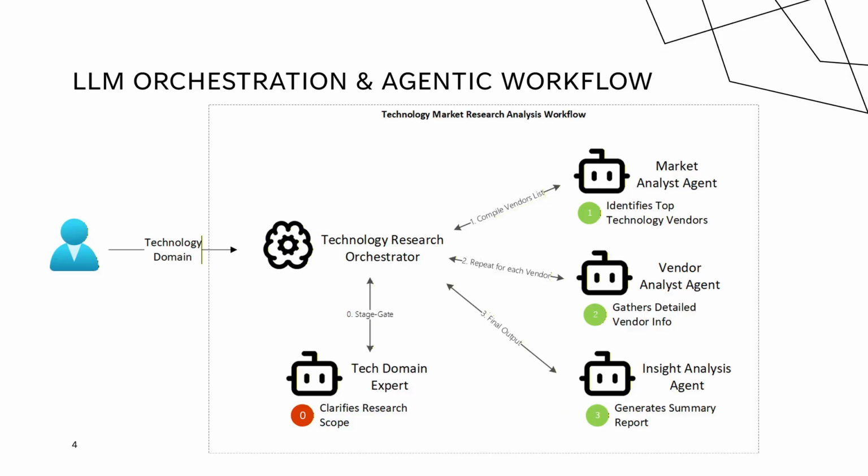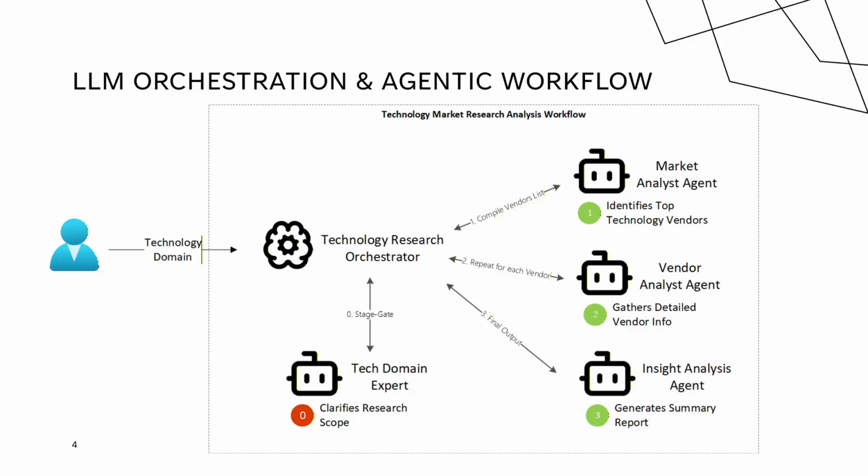So the first thing the orchestrator will do is call our technology domain agent, which validates and confirms the user intent and specifies the technology domain before any research starts. Once this is confirmed, then we move forward with our research. The market analyst agent will perform web research, identify the top vendors, and create a vendors list.